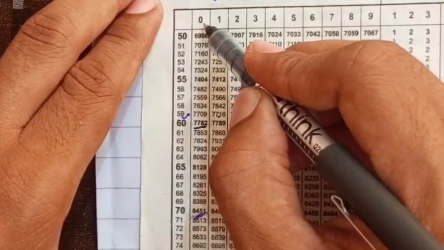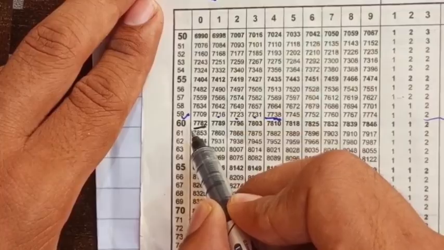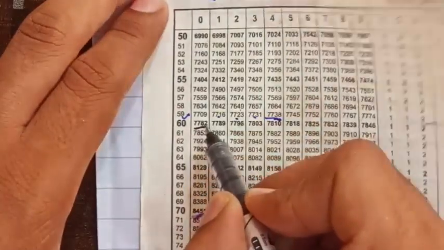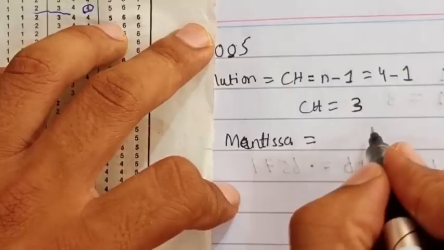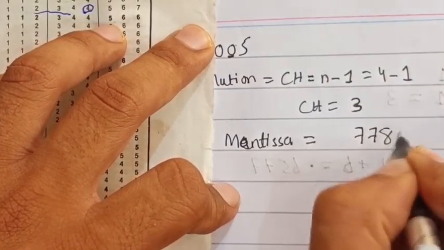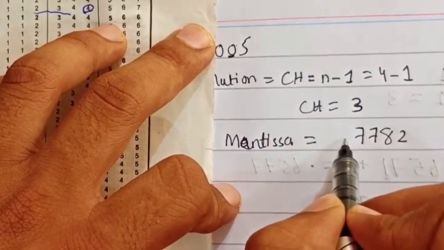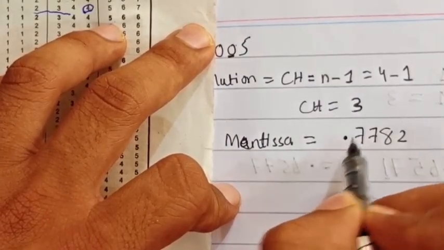It is the 0 column, so I'm supposed to find 60. So it is 60. So the value of 60 and the 0 column is 7782. So I will write 7782. As you know, mantissa contains decimal. It is a decimal part, so I will put the point here.